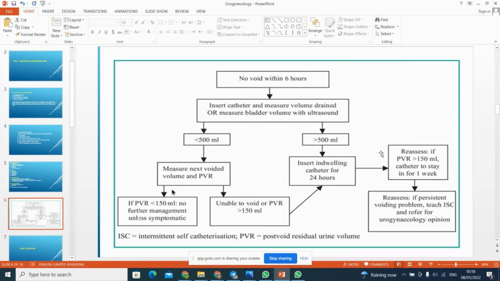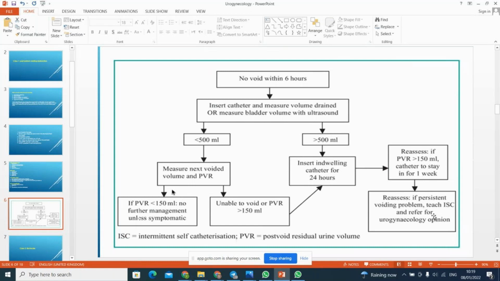After that, you must remove the catheter and let her void by herself. If she voids and everything is okay, you also measure the residual volume. But if she can't void by herself or the residual volume is more than 150, you must keep it in.